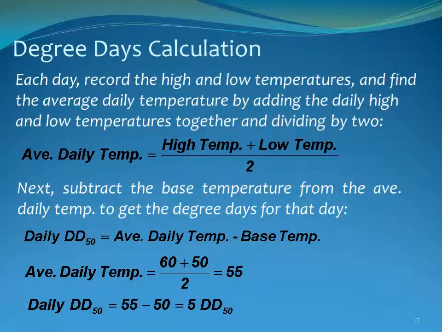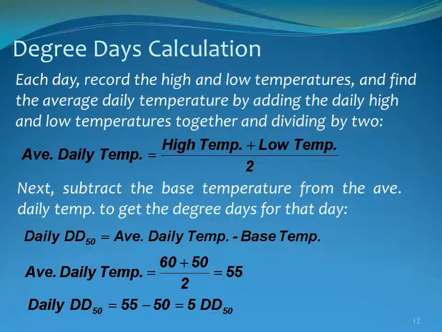So what they do at these airports then is they go out and they check the minimum and maximum temperature, and they find the average daily temperature by adding the daily high and low temperatures together and dividing by 2. So that's pretty easy. After you've got your average daily temperature, then you will subtract the base temperature, which in our case is 50, from it.